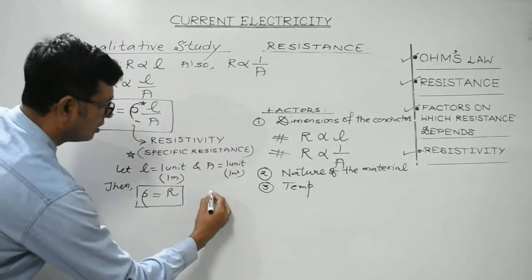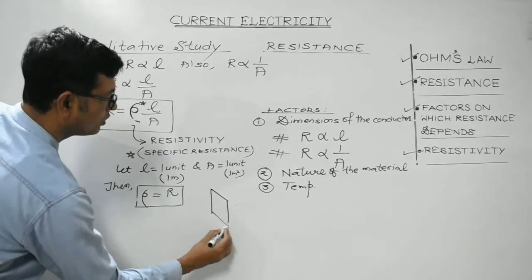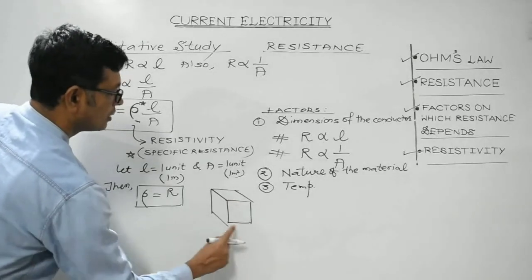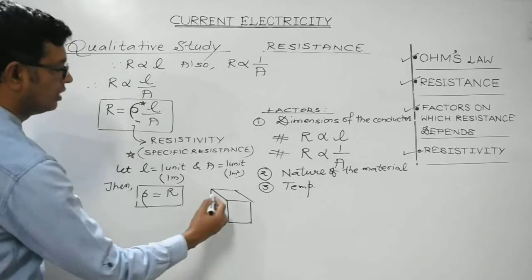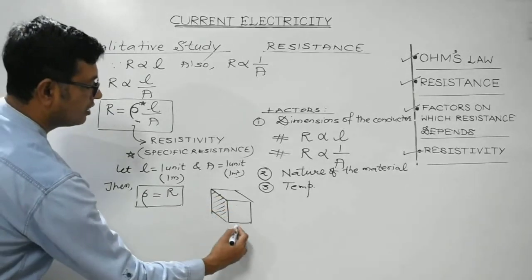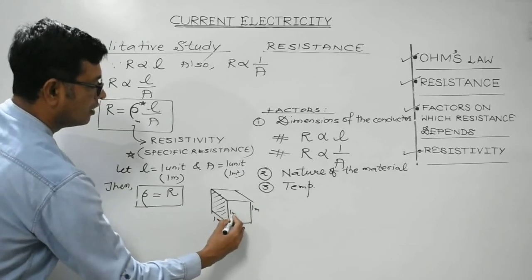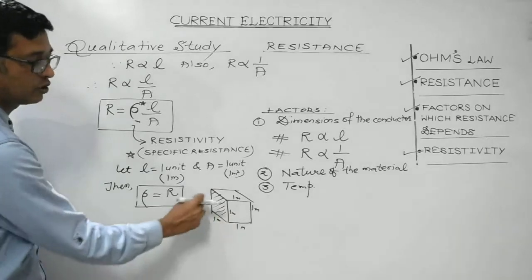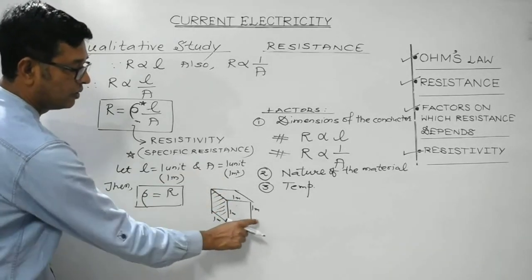I'll explain it. Suppose we consider a cube, of dimensions 1 unit. Right? This is a cube. So this will be its cross-sectional area and its dimensions is 1 unit. So what will be the cross-sectional area of this cube? It is 1 meter square. What will be the length of this conductor in the form of cube? It is also 1 meter.